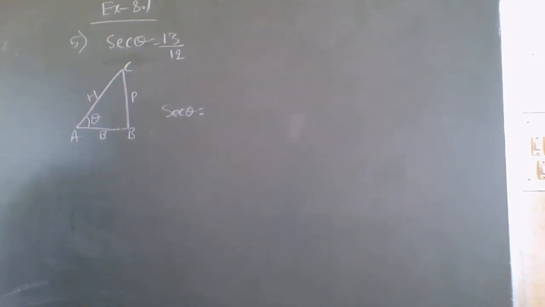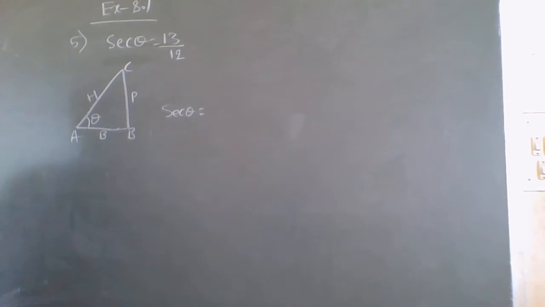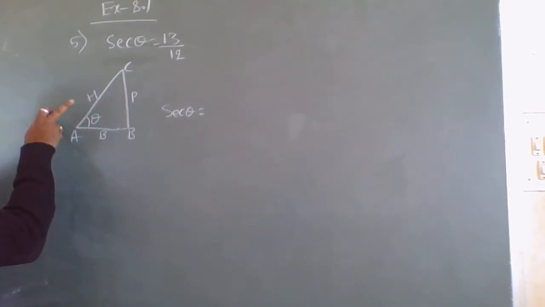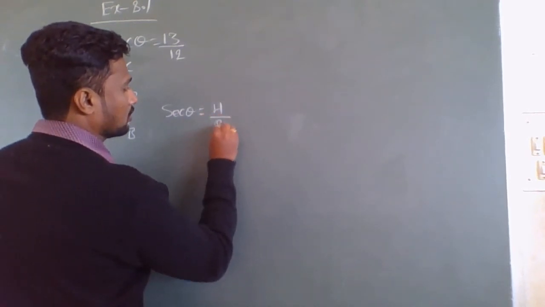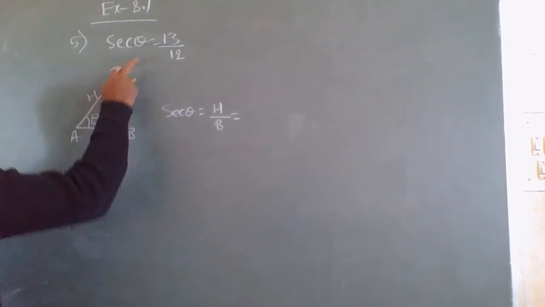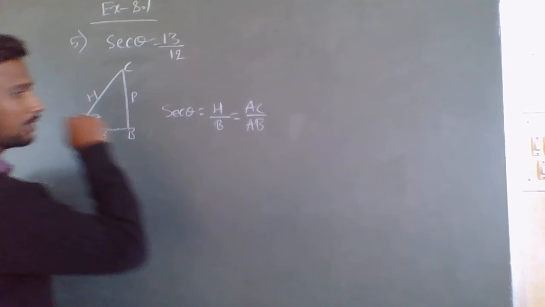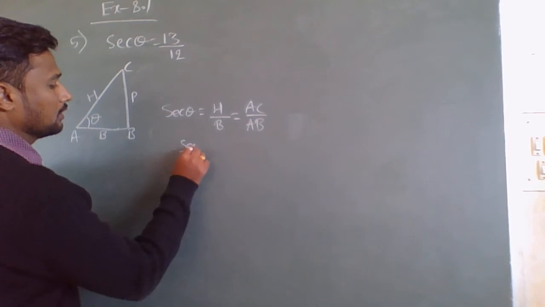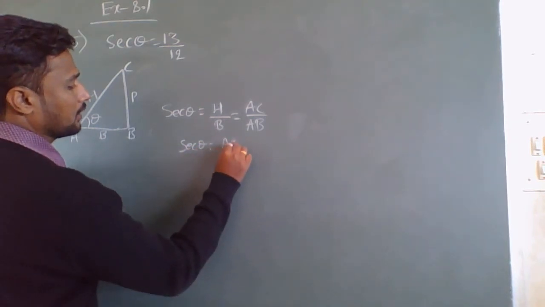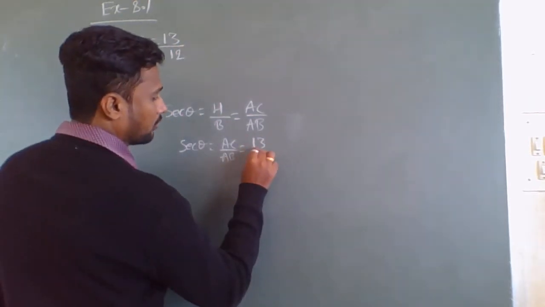Cos theta equals base by hypotenuse, so sec theta equals hypotenuse by base, which is AC by AB. They have given sec theta equals AC by AB equals 13 by 12.